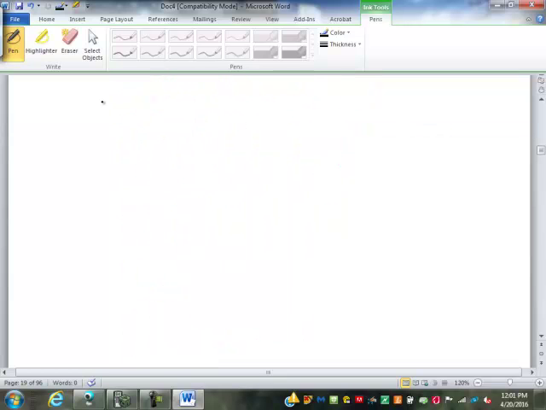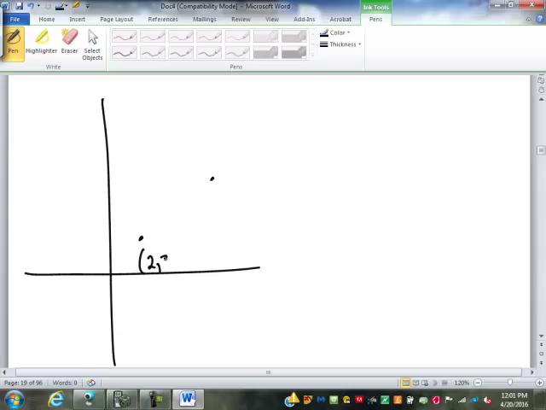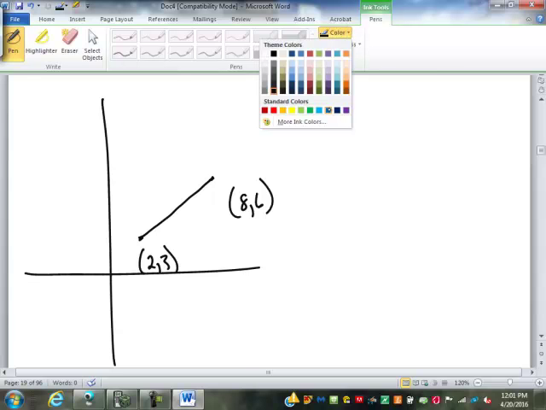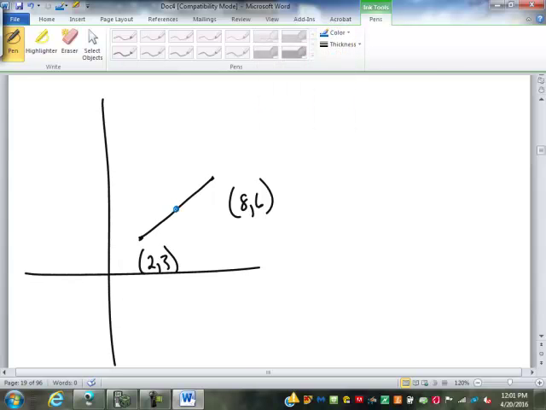Another thing that it might be nice to know about our segment, what I have here, 2, 3, and 8, 6, is there are times when it'd be nice to know where the halfway point is, or where the middle is. That is called the midpoint.